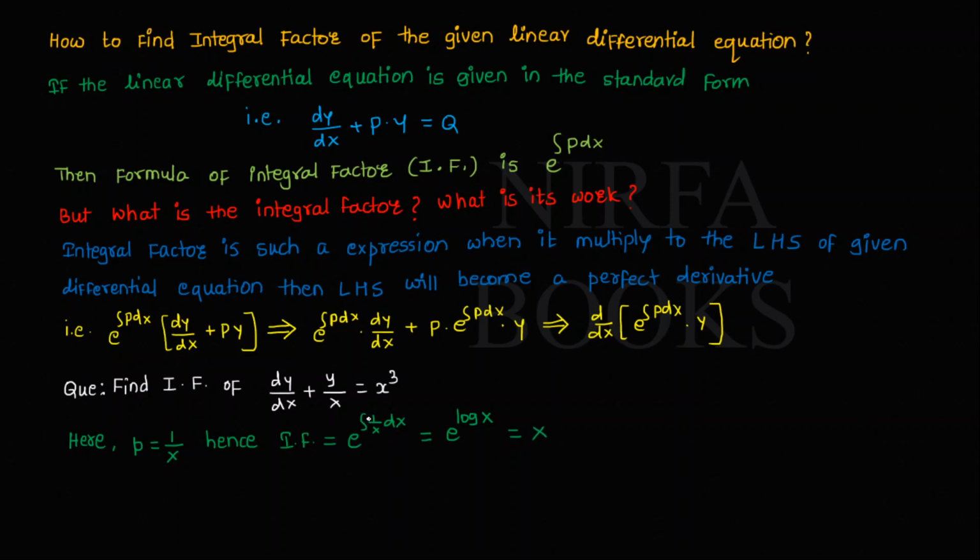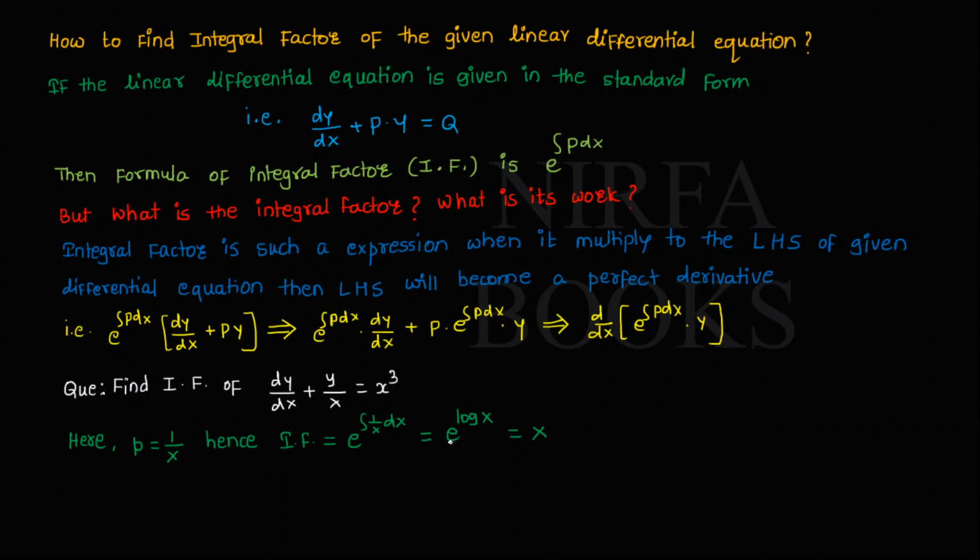to the power integration p dx, but the value of p is 1 by x, and we know that in integration, when the derivative of the denominator is present in the numerator, then the integral is log of the denominator.